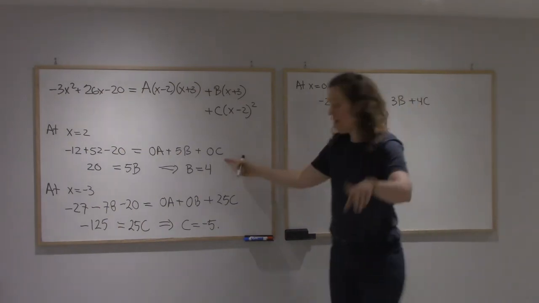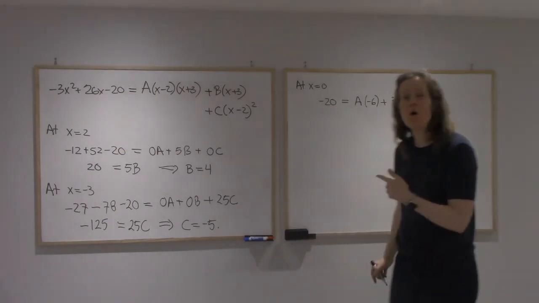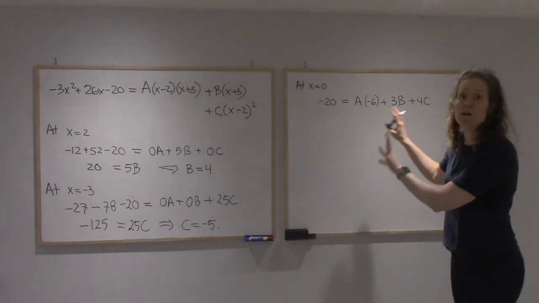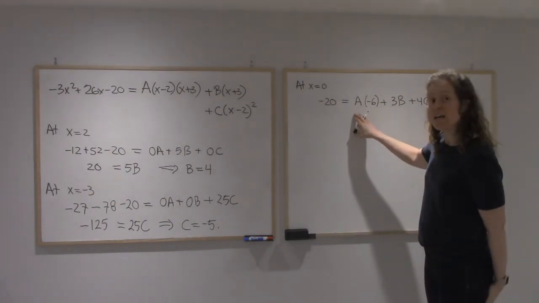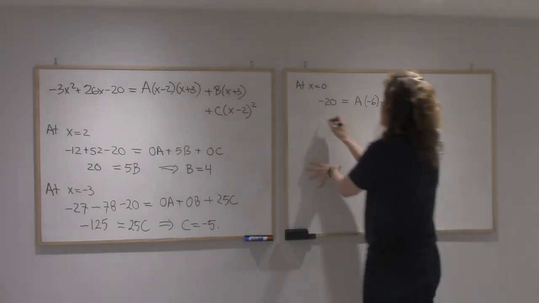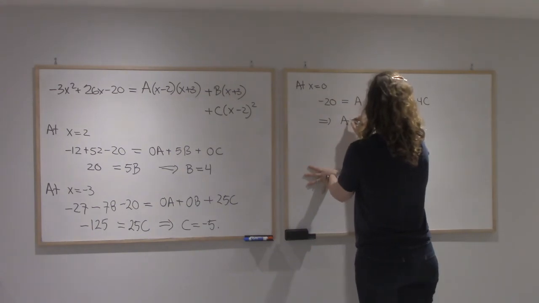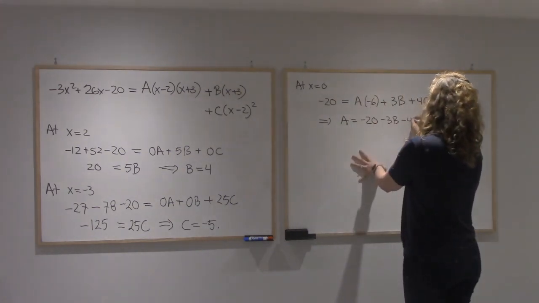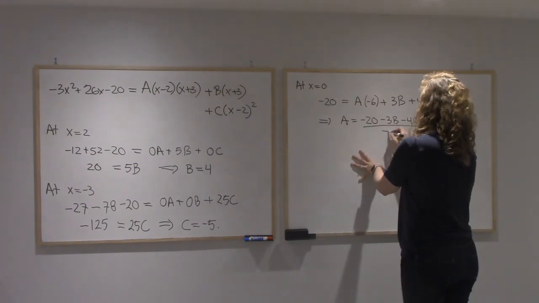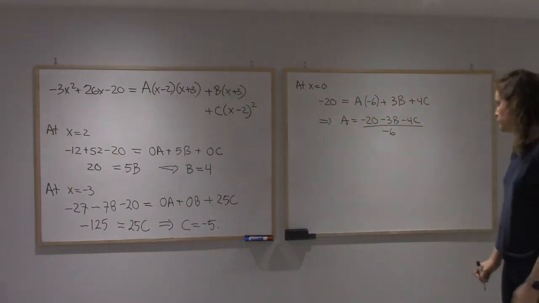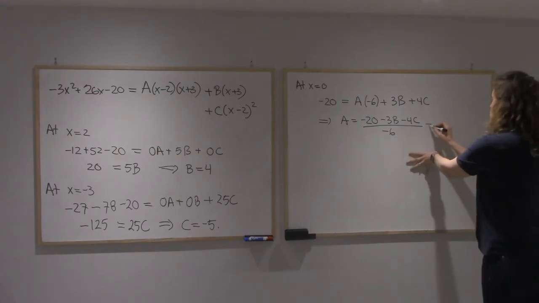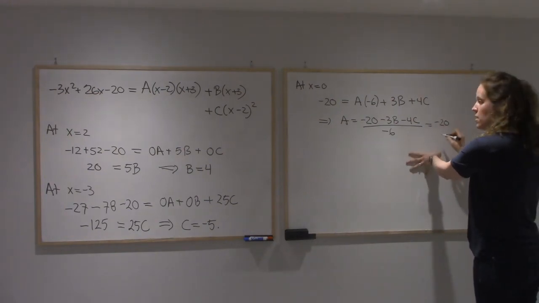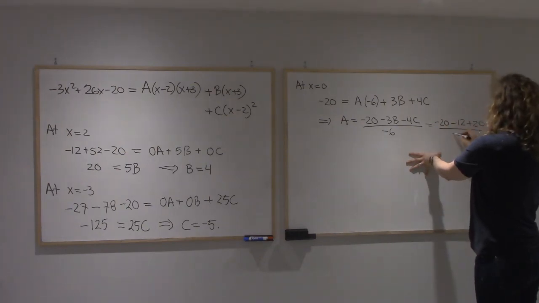I already have b and c, so really the only unknown left is a. So I'm going to solve for a. So a equals minus 20 minus 3b minus 4c divided by minus 6. So minus 20 minus 12 plus 20 divided by minus 6.